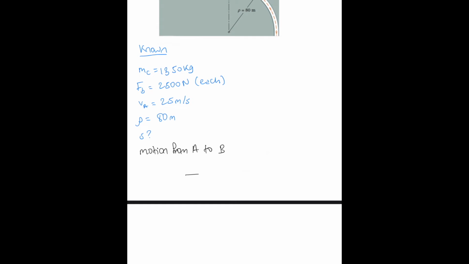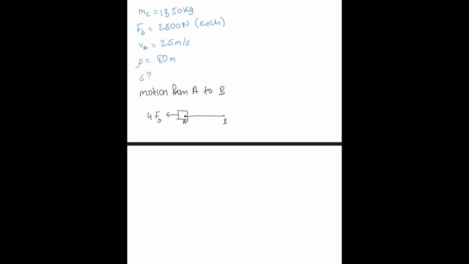So here's A, and here's B, and here's our car. And the friction force is here, 4 multiplied by F_B, because there's 4 tires. And we want to find the displacement. So we need to know the acceleration and the velocity of the car to figure out the total displacement.